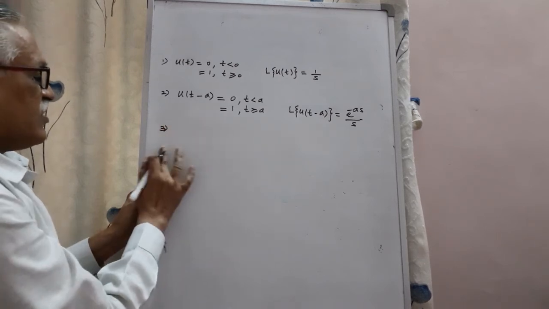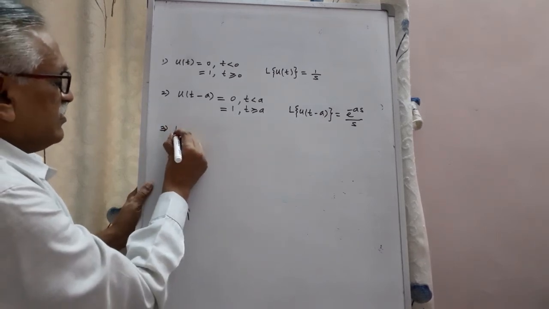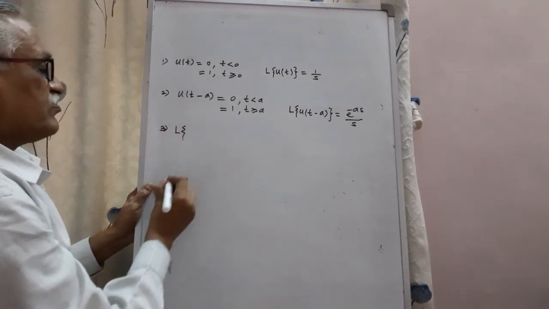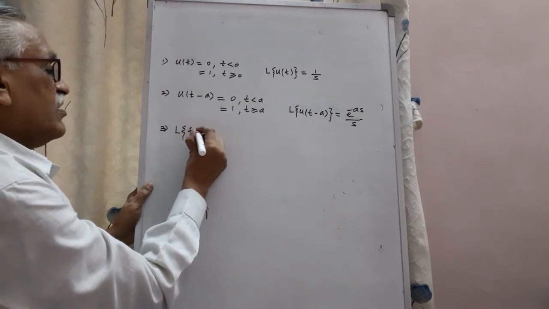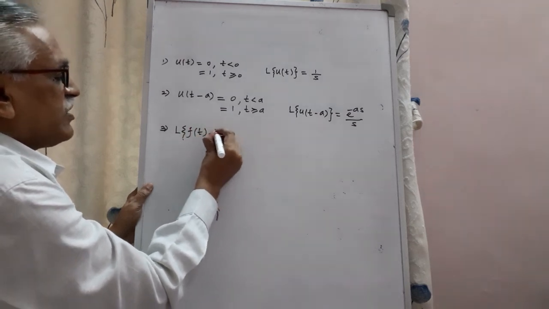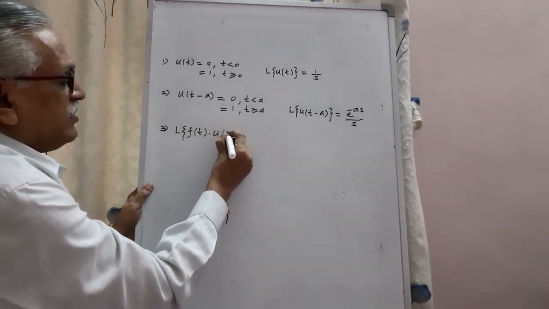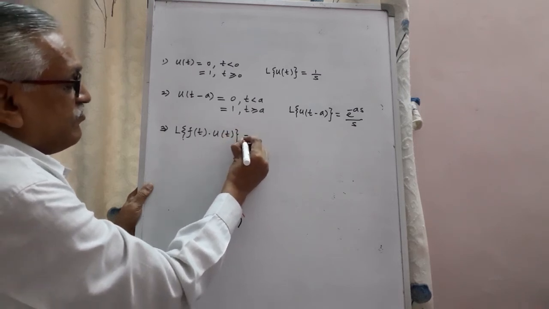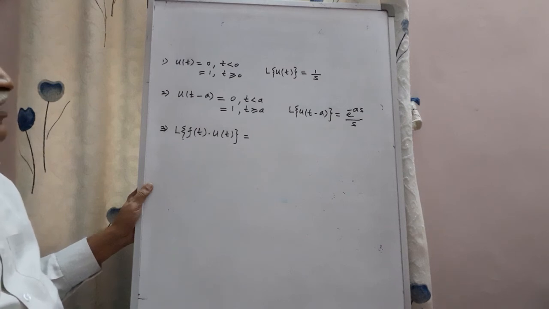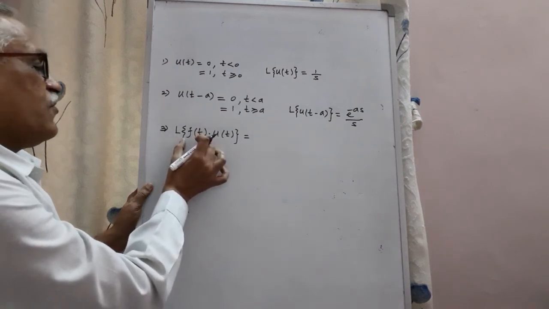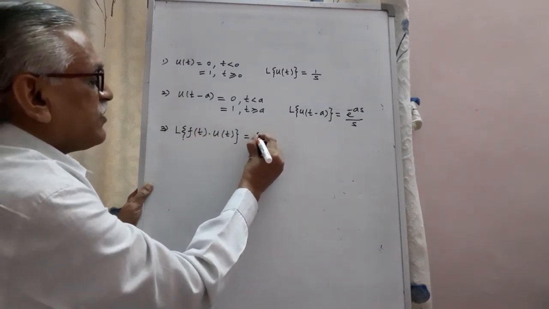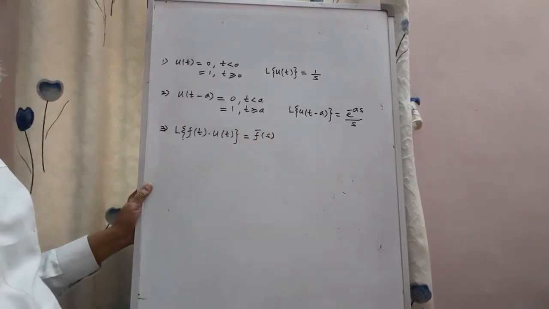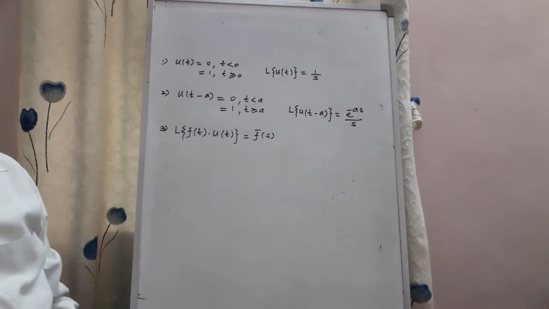Then some cases we have discussed. Laplace transform of f of t multiplied by unit step function u of t. It is Laplace of f of t, and that Laplace of f of t is f bar of s. This is the third result.